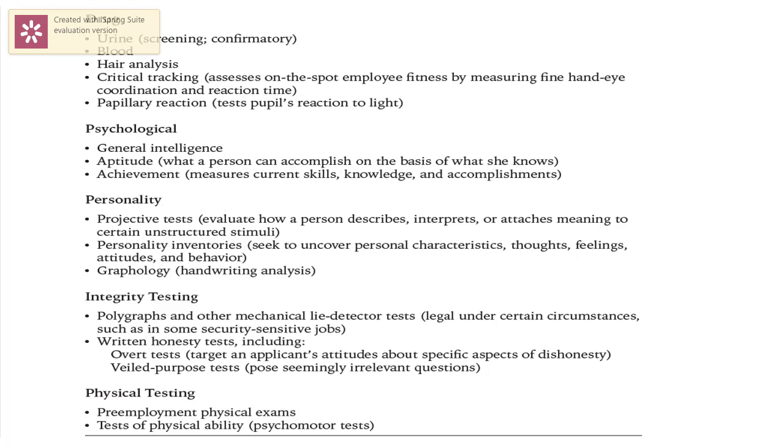So physical examination is necessary. It is also necessary for being in a law enforcing agency or other duties, and you can take any example of it. So these are some of the tests which are also part of the pre-employment testing.